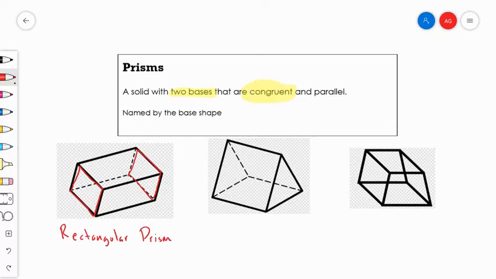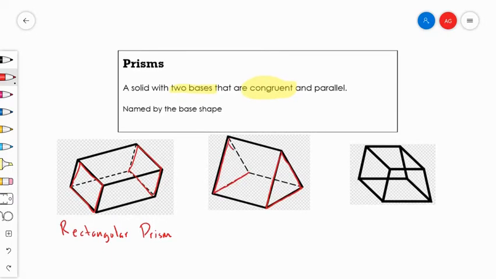And same for the next figure. The next prism, the base shape is a triangle, and we know that it's the base because there are only two of a kind. For example, it's not the rectangle. It's not this part right here, because if you notice, there's three of them, not just two.